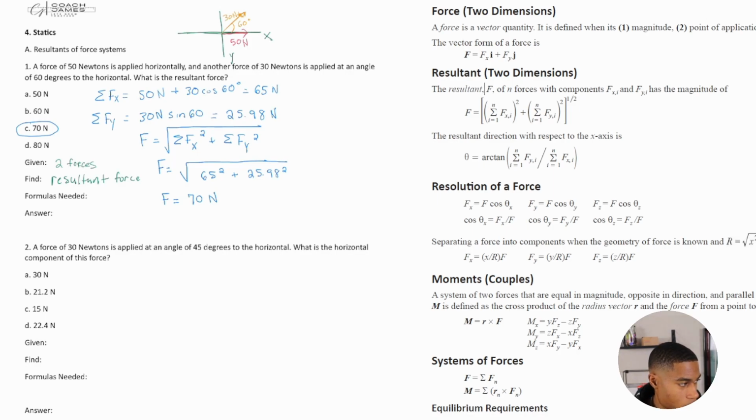Let's look at number 2. All right, so number 2 says a force of 30 newtons is applied at an angle of 45 degrees to the horizontal. So let's draw this out real quick so that we're not confused. All right, we got a force.